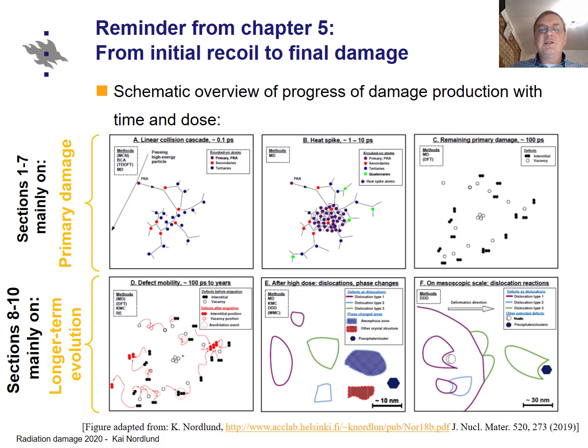And because all of this is discussed in detail, I won't go into the details of the schematic at this stage anymore. This is mainly as a reminder of what will be discussed. Section 10 of the course then will deal with the practical applications of irradiation, which in most cases are related to these higher dose, longer time scale effects for the obvious reasons that macroscopic effects come on macroscopic time scales.